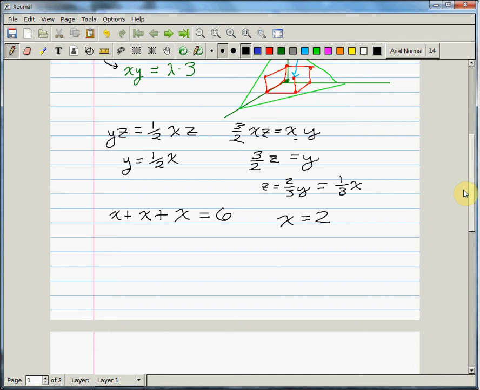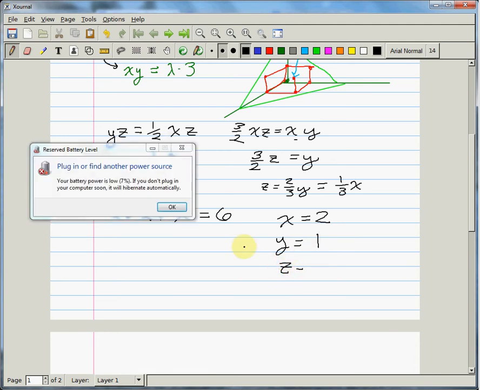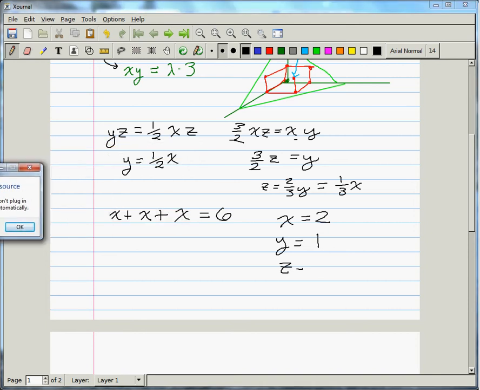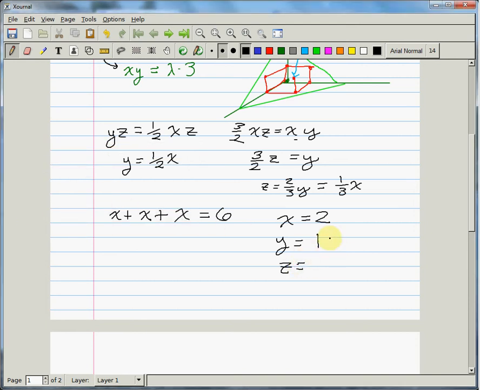Alright, so if x is equal to 2, then y is equal to 1, because y is 1/2 x, and z is equal to 1/3 of 2, so that is 2/3, right?